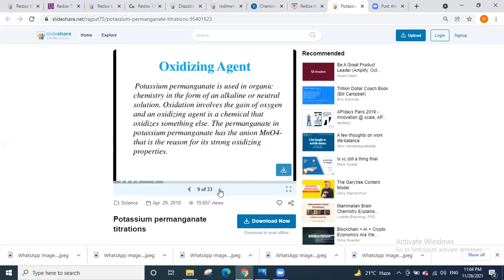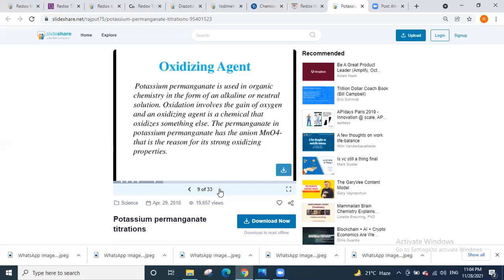So when we compare the different redox potentials of molecules, we know that KMnO4 has different redox potentials in different media. In acidic and alkaline media it has different redox potentials, that is, different ability of reduction.